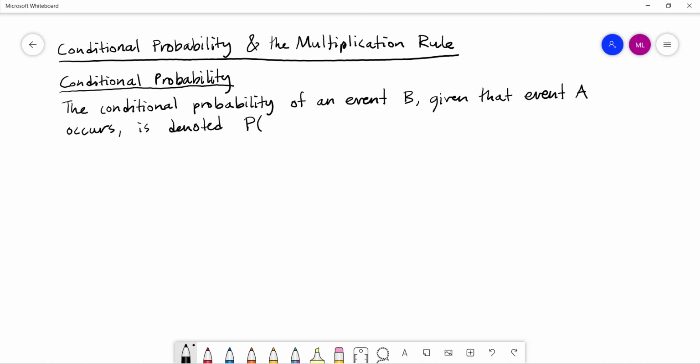We do the probability of B, and then a vertical line, and then the A. So this means B given A. The probability of B given that A occurs.